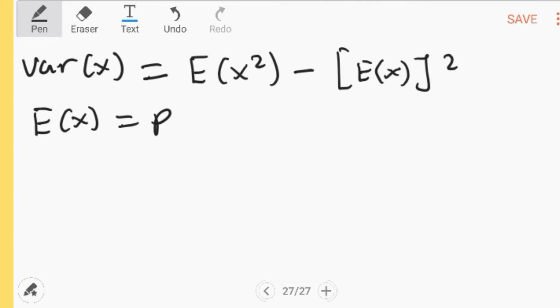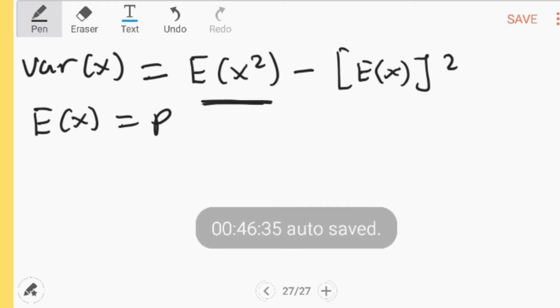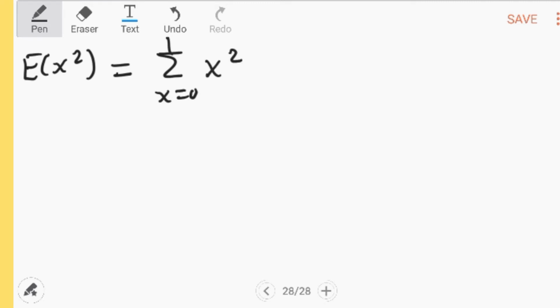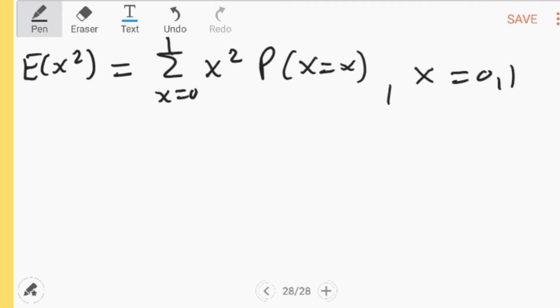So now the only problem here is to compute the expected value of x squared. For the expected value of x squared, it can be written as summing x squared multiplying the PMF, where x runs from 0 to 1.